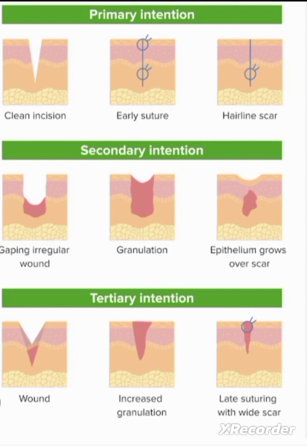Examples of tertiary intention healing are a deep wound with infection, a diabetic wound, etc. Here there will be edema, infection, exudate formation, and excessive scar also will be present in tertiary intention.